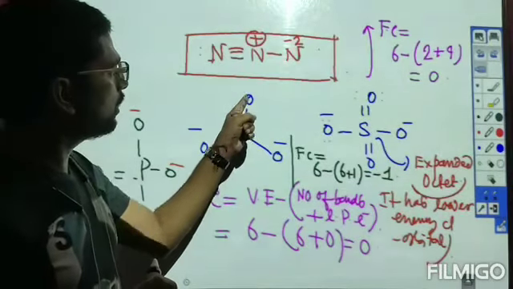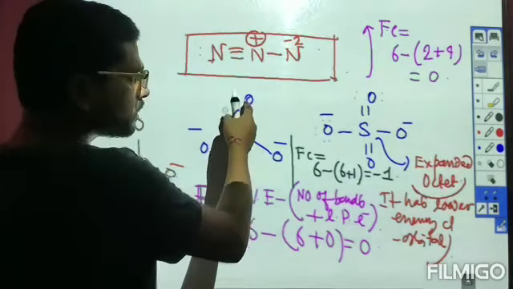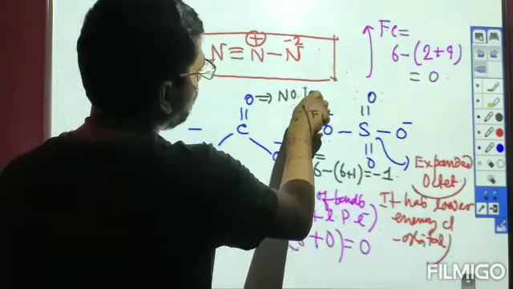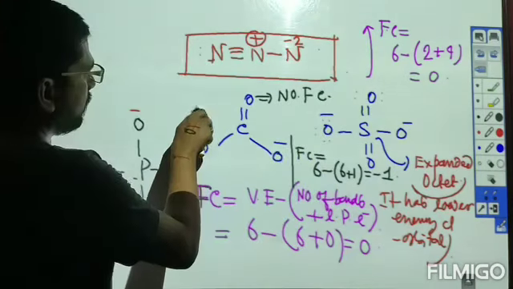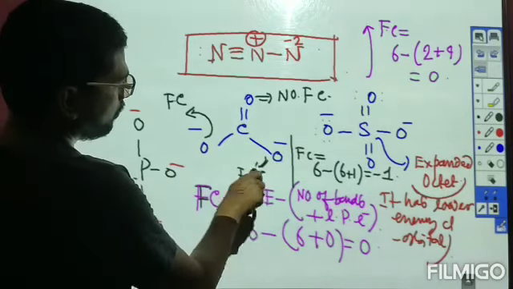Oxygen's maximum covalency is 2, so if oxygen forms 2 bonds, it has no formal charge. Here formal charge, here formal charge.